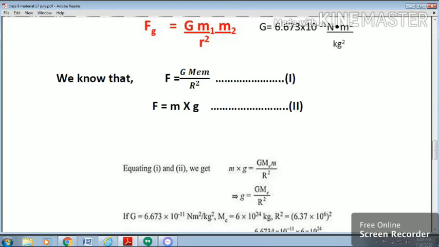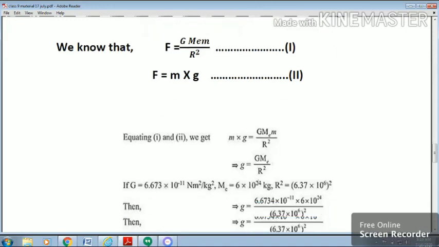We have just mentioned here capital M E, that is the mass of the earth. So small m and small m cancel each other, the mass of the object, and hence we get the relation between small g and capital G, that is small g, acceleration due to gravity, is equal to G M E by r square. Here G is universal gravitational constant.